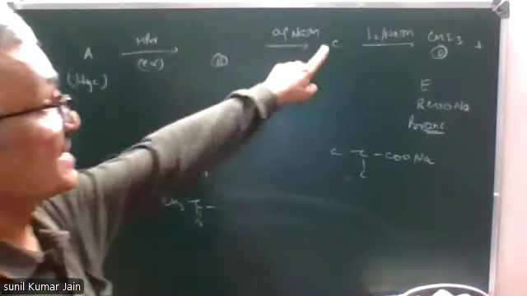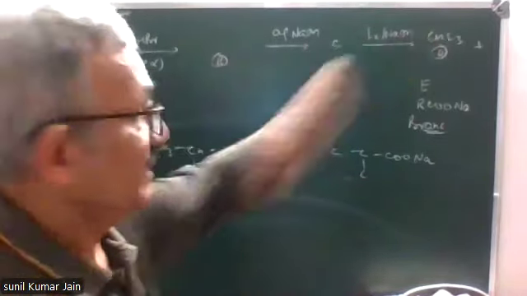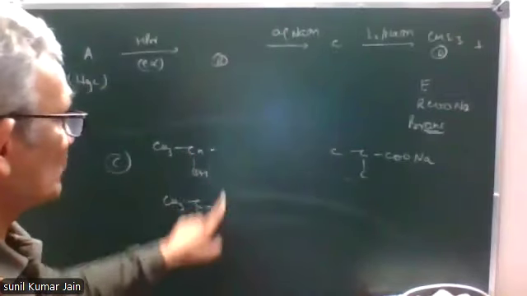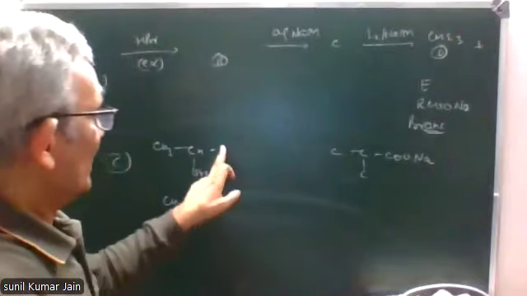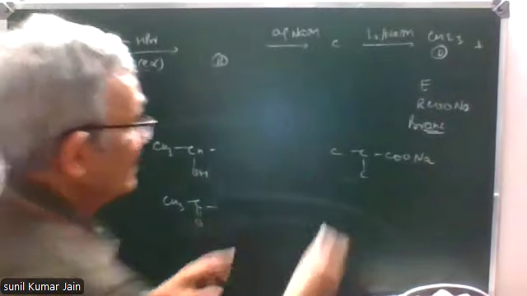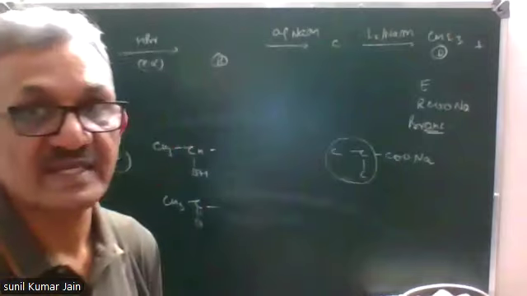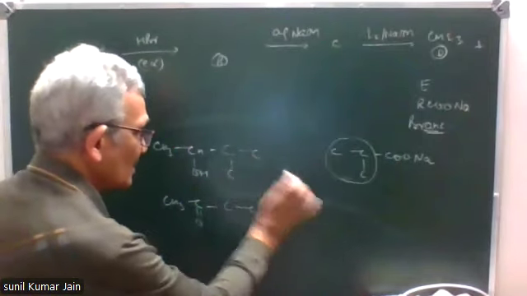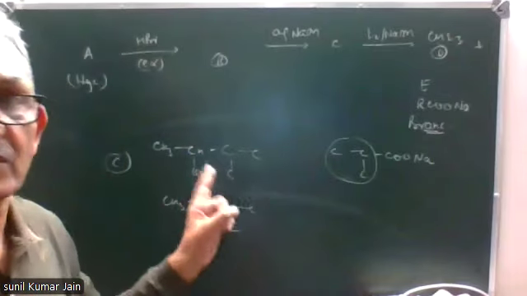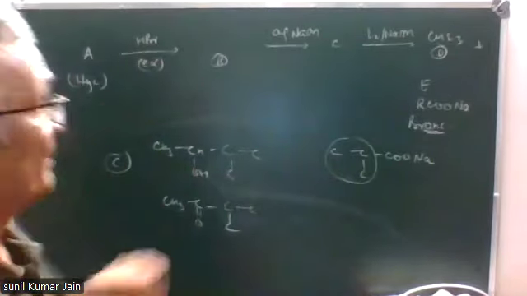I'll repeat, since C gives the iodoform test, it means compound C contains one of these two groups. Which one? That will be decided later. Apart from that, this alkyl chain is present, attached. So C is one of these two, right?